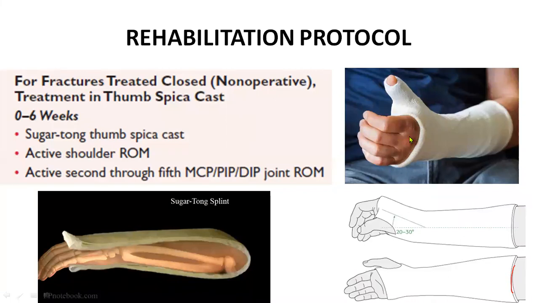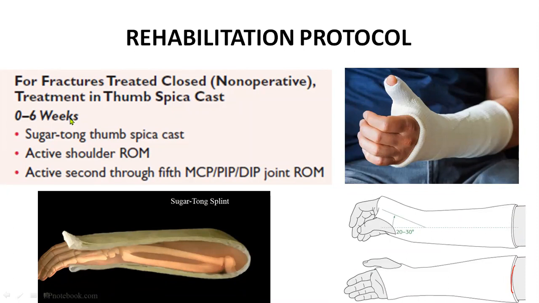So the MCP joints will be free, and sometimes the PIP joints, the proximal interphalangeal joints, or the interphalangeal joints will also be free, and in the thumb, the interphalangeal joint will be free, like we can see here in this picture.